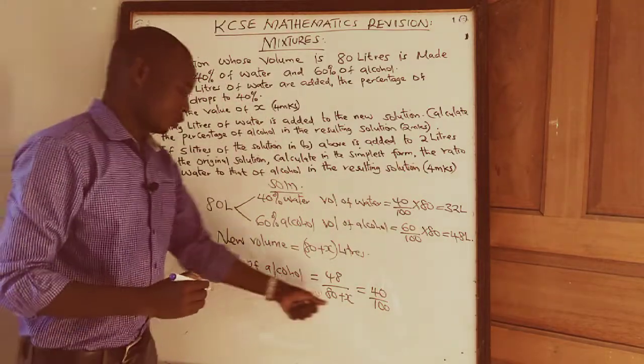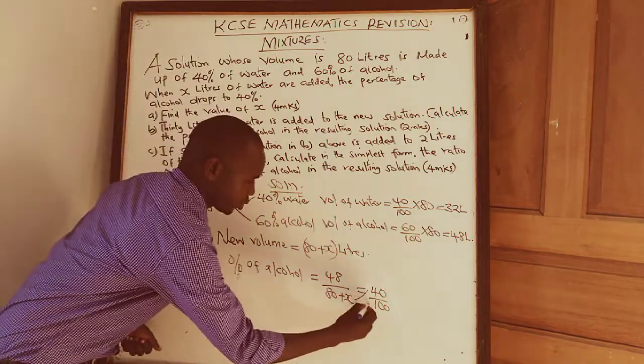Then from there we can get the value of X by cross multiplying.